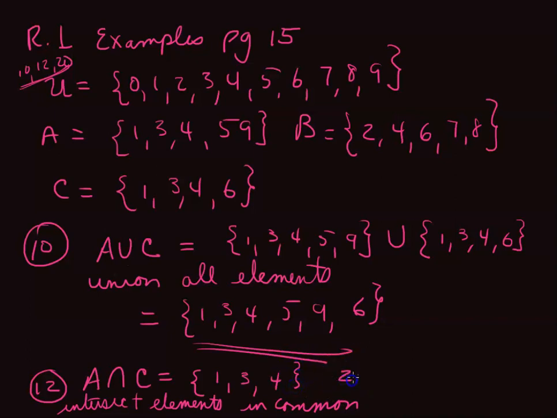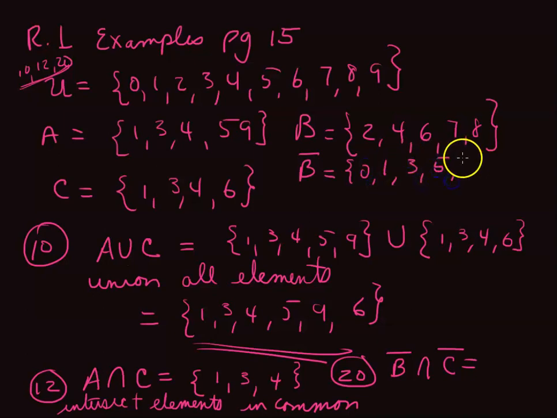And for number 20, we want the complement of B intersect the complement of C. Now, this is really going to squeeze in here. But the complement of B, I'm going to put that up here. B complement is, B has 2, 4, 6, 7, 8, so I have to include the 0 and the 1, not the 2, but the 3, not the 4, but the 5, 6 is there, 7, 8, and the 9.